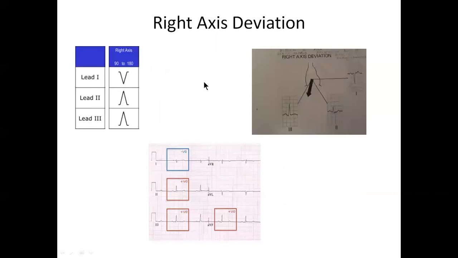Okay. Then the same way, in a right axis deviation, the electricity is flowing towards the inferior part of the heart, which is lead 3 and 2. So they are going to have positive deflections. And then since it's going away from lead 1, it's going to have a negative deflection. So you are going to get a down, up, up pattern in right axis deviation.